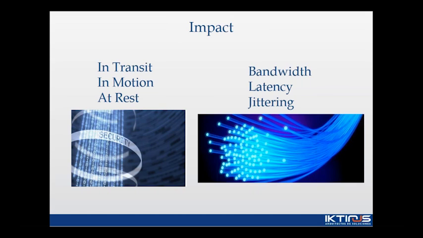Also, we have an important and critical factor, which is communication and connectivity. And we have three main components to consider: bandwidth, latency, and jitter. A lot of times, these critical factors related to connectivity are outside of our domains.